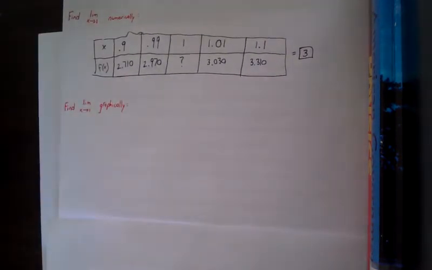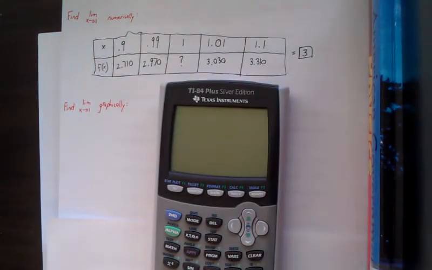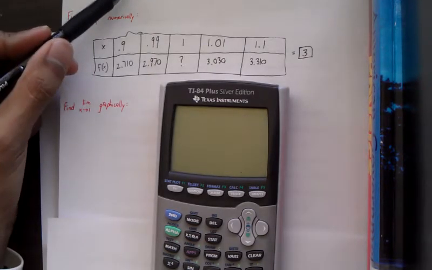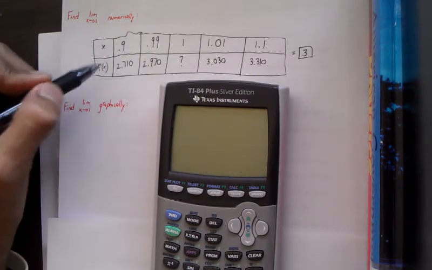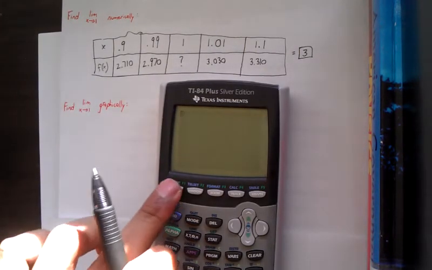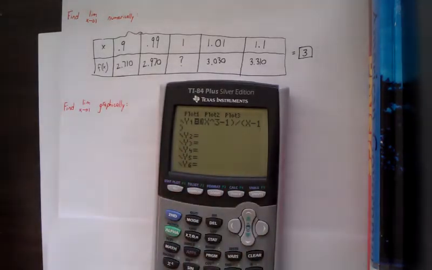Finding the limit graphically is definitely a lot easier. I'd just use your calculator, but if not, you can always just plug in values and graph them. Bring up your y equals, and I already have the function typed in.